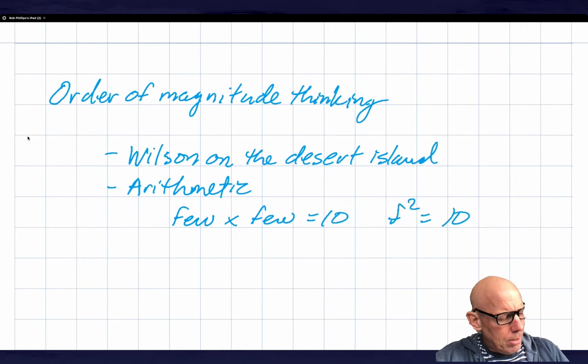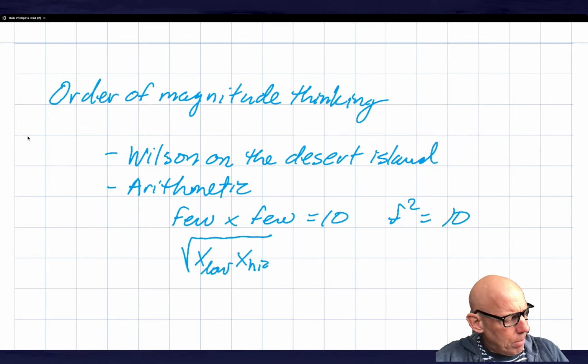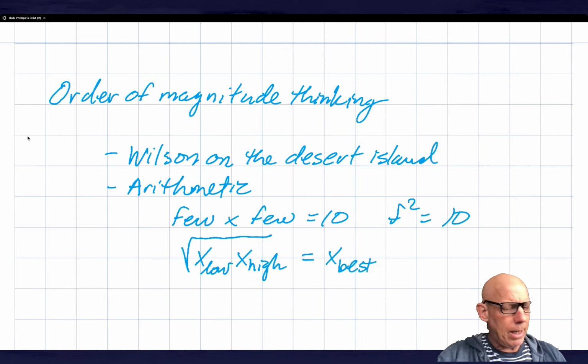Another thing that we didn't talk about, but I want to introduce here, is the idea that if I don't know something, my best guess when I'm making an estimate is what I will refer to as the square root bound rule. What we do is we guess a lower bound, we guess an upper bound, and then we take the square root of their product. What that really amounts to is averaging the exponents.